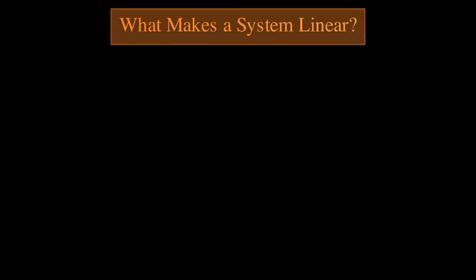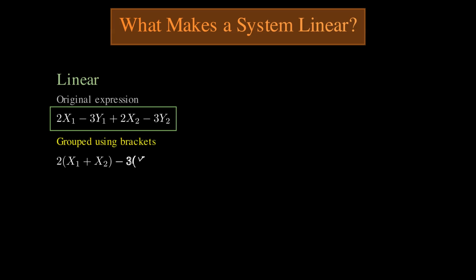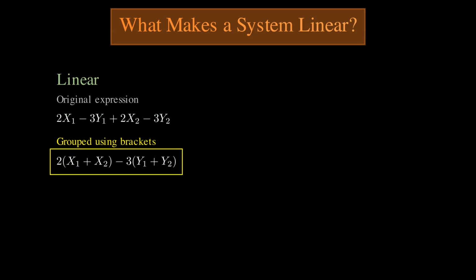Let's understand what makes a system linear. Let's start by explaining why a term is linear. For example, let's use the term 2x minus 3y. If you have two pairs of x and y, say x1, y1 and x2, y2, and we sum up the results and combine like terms, when we group the x terms together and the y terms together, this shows that the system respects additivity.